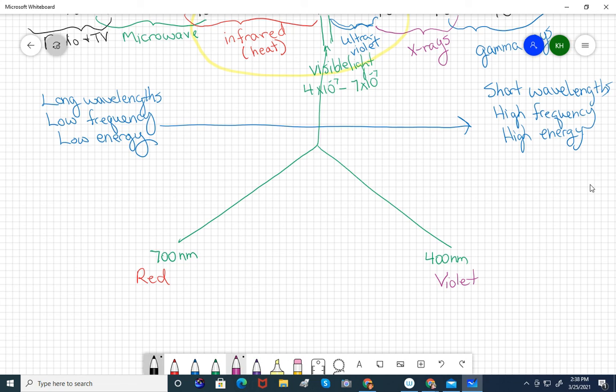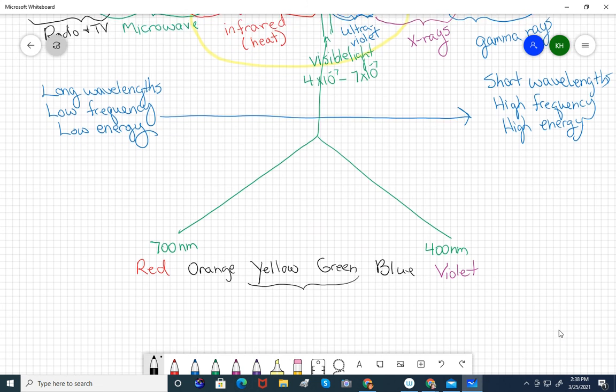In between red and violet, we have orange, yellow, green, and blue. Human beings actually see best in this kind of yellow-green section. There are some other types of animals that can see higher frequencies than we do. They can see up into that UV range or possibly see lower frequencies down into the infrared range. But that's where humans see.